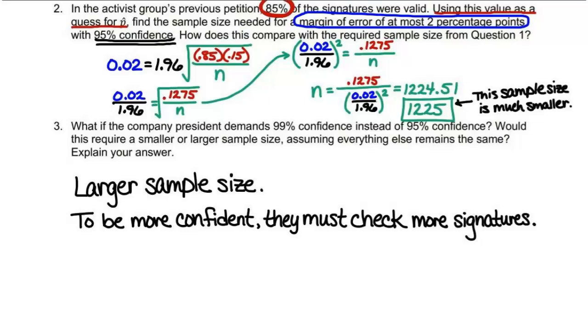Yes? Could you solve for it? You could solve for it if you want to, but you still need to answer the question, which is, would you require a larger or smaller sample size? So if you calculated it with a 99% confidence in that critical value instead, that would be fine. You would have a more precise answer, but then you would still need to say that we need more signatures.